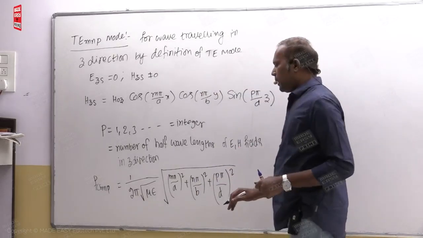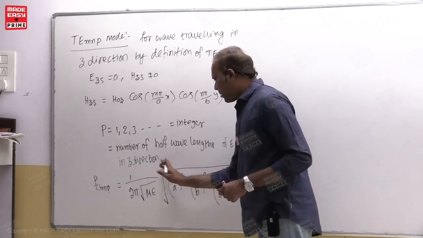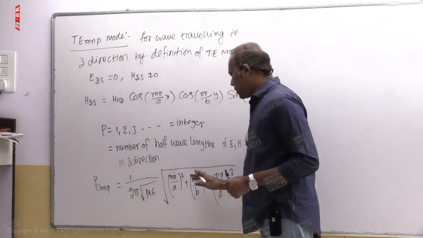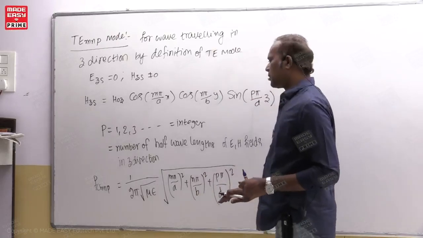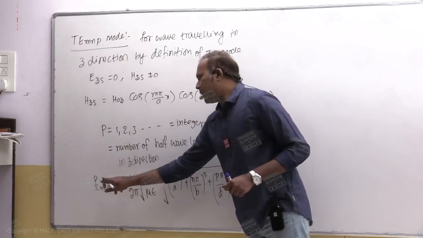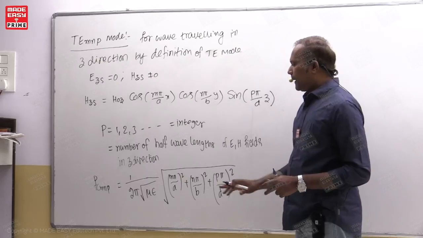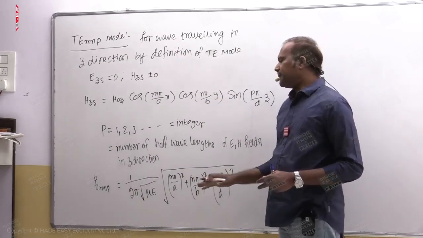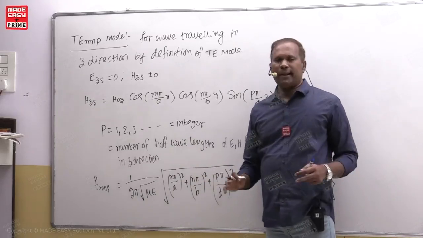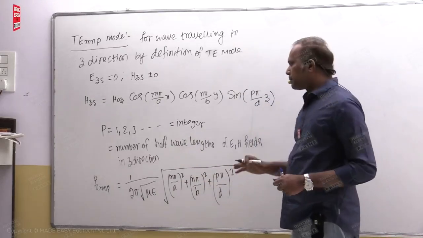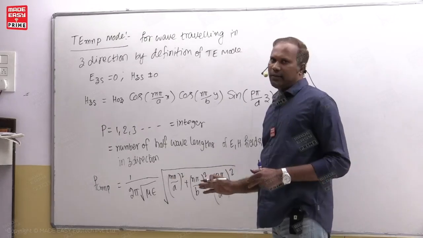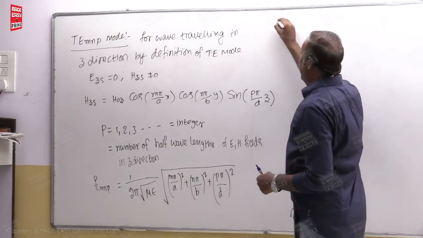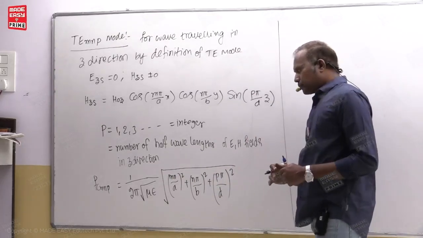This is the formula. And pi square comes out, pi cancels, then m by A whole square plus n by B whole square plus P by D whole square. This FCMNP is called cutoff frequency for MNP mode. The same cutoff frequency is valid for TMMNP mode also. And this itself is called the resonant frequency. It stores energy at this resonant frequency. Right, students?